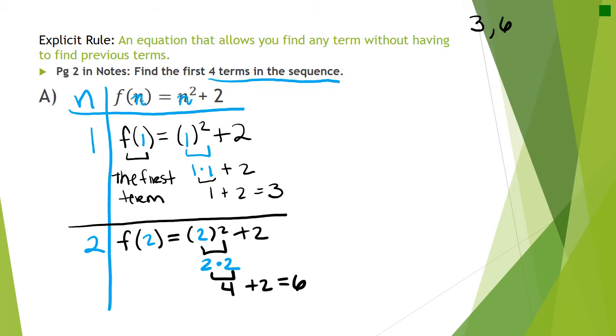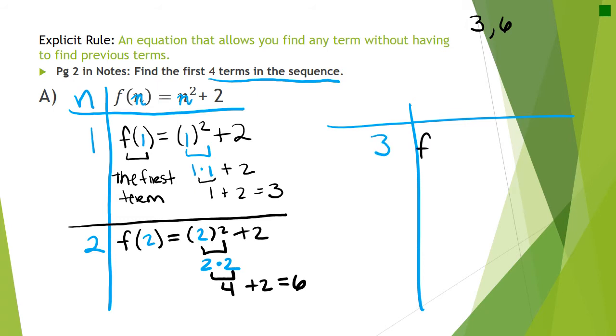And then so on. We're just going to continue on this chart. Since I don't have any more space on my chart here, I'm just going to do it on the left side. I'm going to draw a line through it, separate my sides. We already found the second term. Let's find the third term.